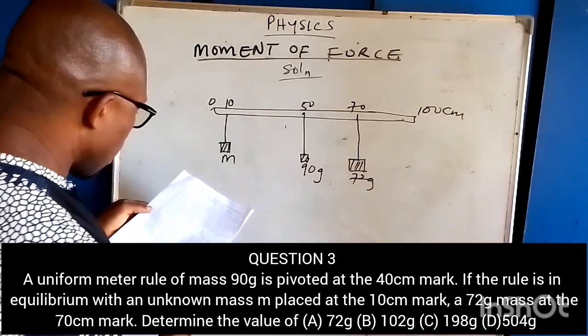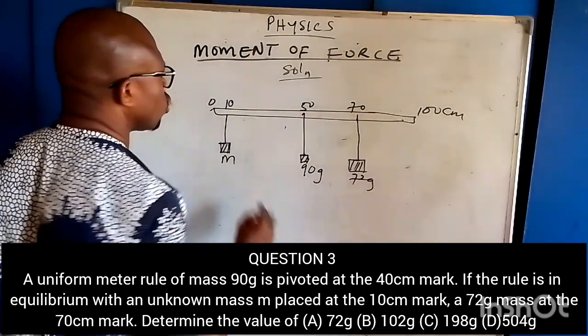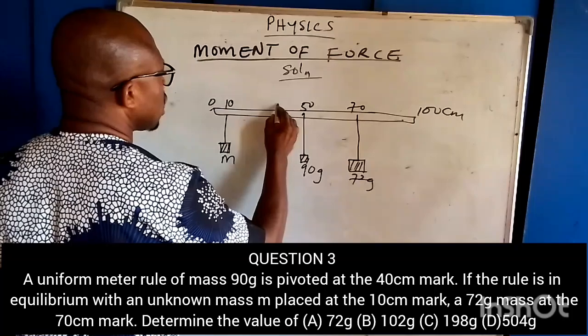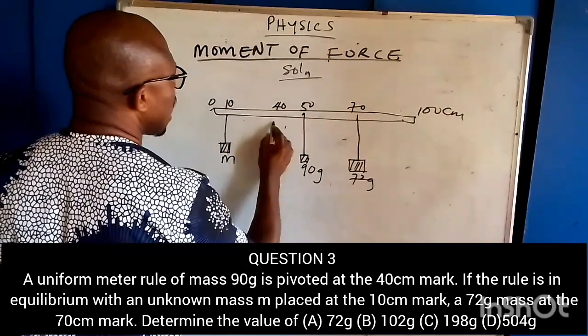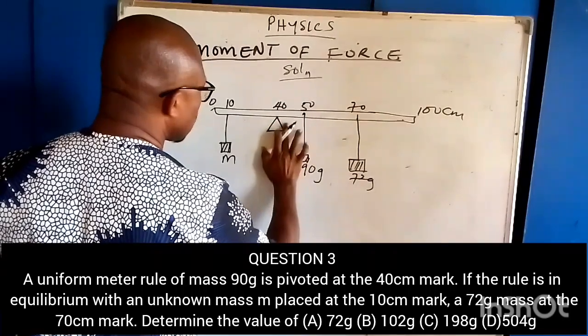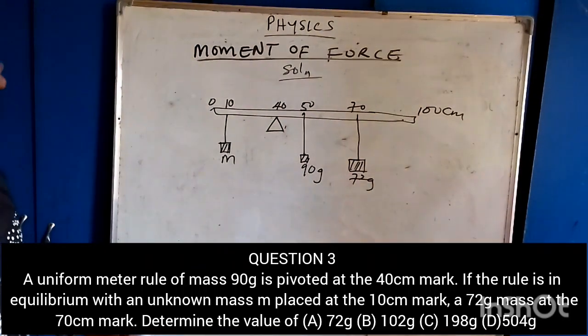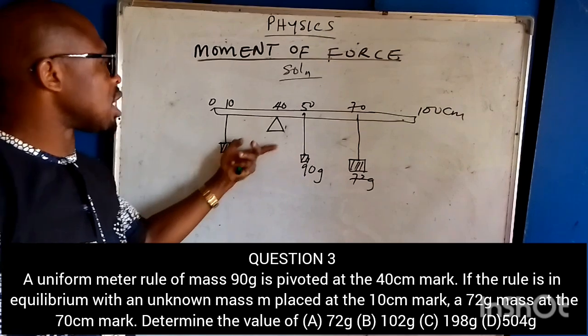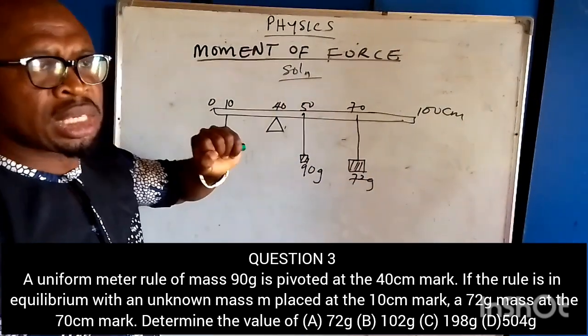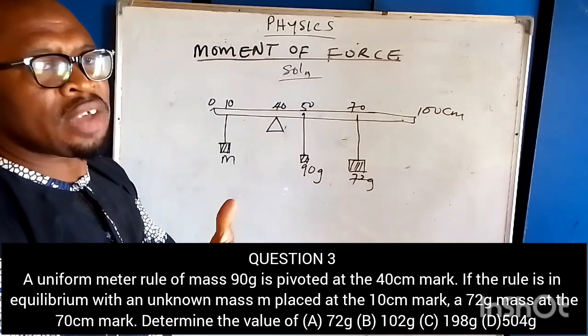Okay. Now the pivot from the question also, they said the pivot is at 40. So this is 40, and this is where the pivot is. Once you present it like this, once you have this arrangement, the work is easier for you.